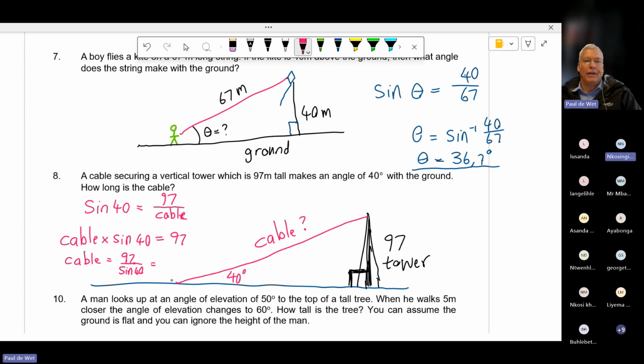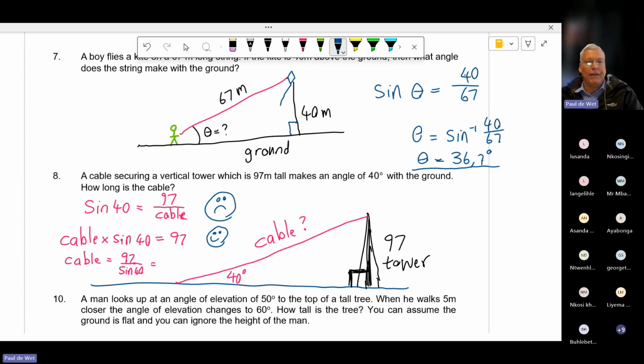Can you please repeat for us? Yeah, so I'll just go from the top here. Sine of 40 is the opposite, which is 97, over the hypotenuse, which is the cable. Now, the problem with this question as it stands is that I've got a fraction, but if I multiply both sides by cable, then the fraction is gone.